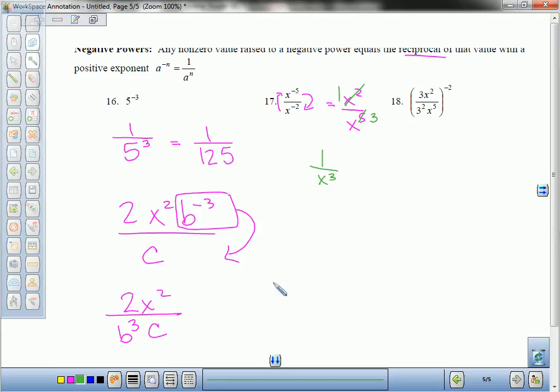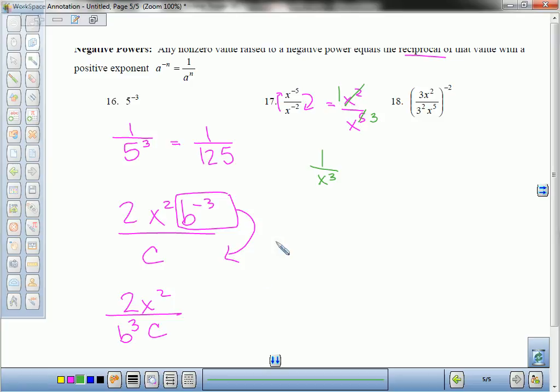Now, this one is different than this one. On this expression, we had one variable that was raised to a negative 1. On this one, the entire expression is raised to a negative exponent. But I still do the same thing. If it's a big expression, I try to simplify, make everything easy on the inside first.